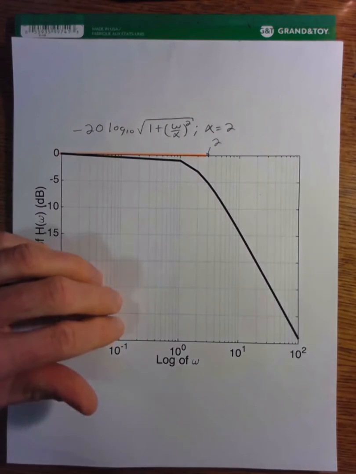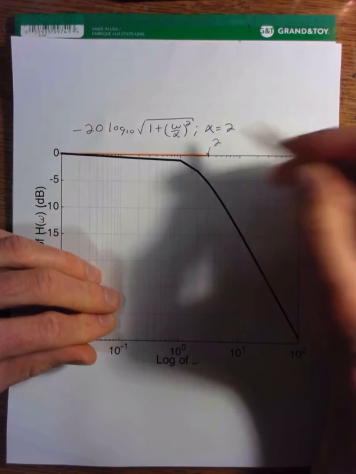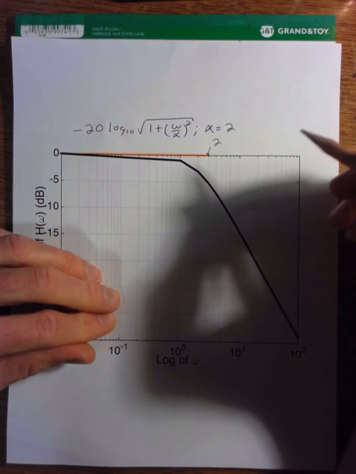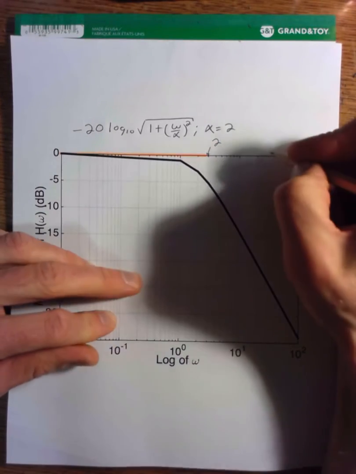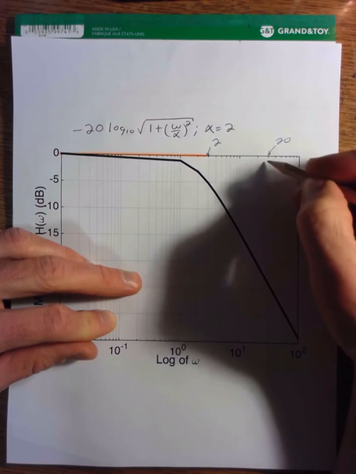For frequencies greater than alpha, we approximate the frequency response as a straight line with a slope of 20 dB per decade. So this is 2. This is 20. Right? So that's our decade.